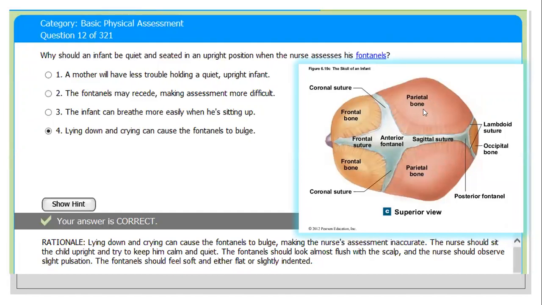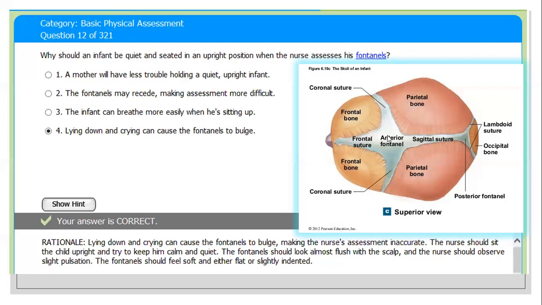So in this picture, we can see the skull. This is the anterior fontanel, where 4 bones meet together: 2 frontal bones and 2 parietal bones. And this is called the posterior fontanel, where 3 bones meet: 2 parietal and the occipital bone. So it is very important. The NCLEX board sometimes asks questions about it. A fontanel is a soft spot.